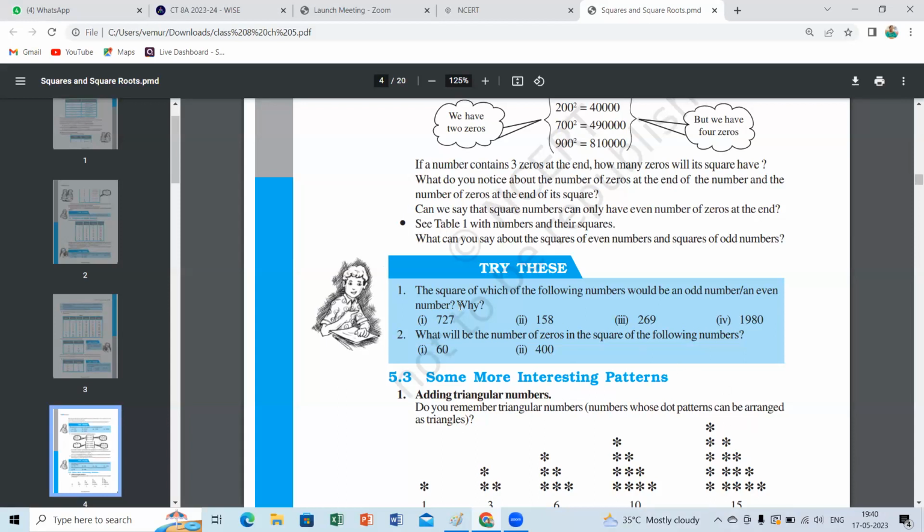Hopefully it helps you. What will be the number of zeros in the square of the following numbers? Just now Ashwath said, ma'am, if it ends with an even number of zeros, then it is a perfect square number. But 60 is not a perfect square because it ends with only a single zero. 1 is an even number or odd number?